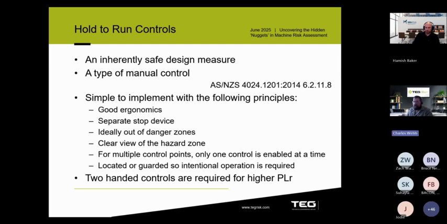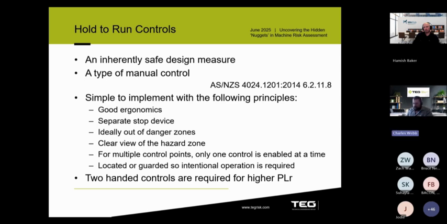But ideally, everything's out of danger zones. Having a clear view is very important. So we want to be seeing the thing that we're controlling, and only one control point enabled at a time. So you can't have person A starting up a machine with person B around the other side.